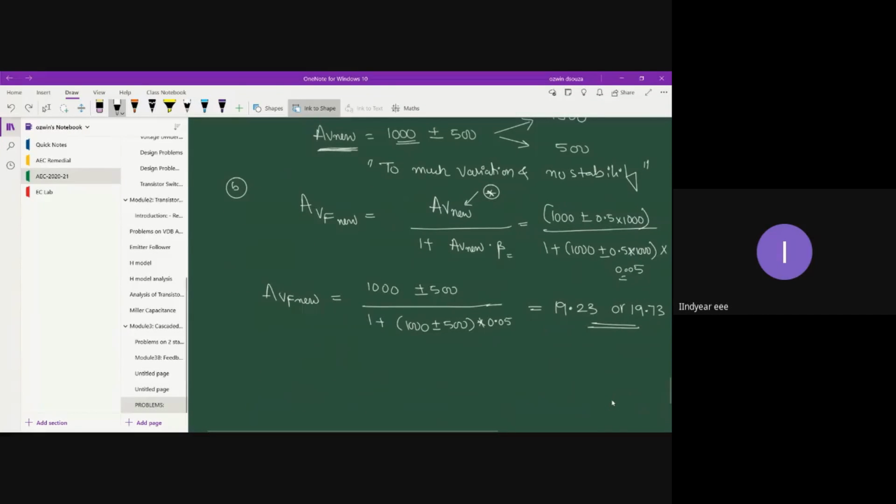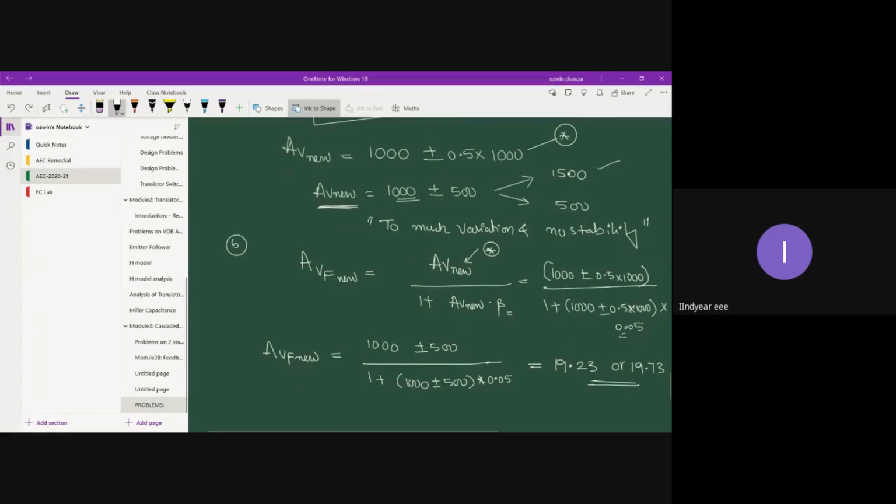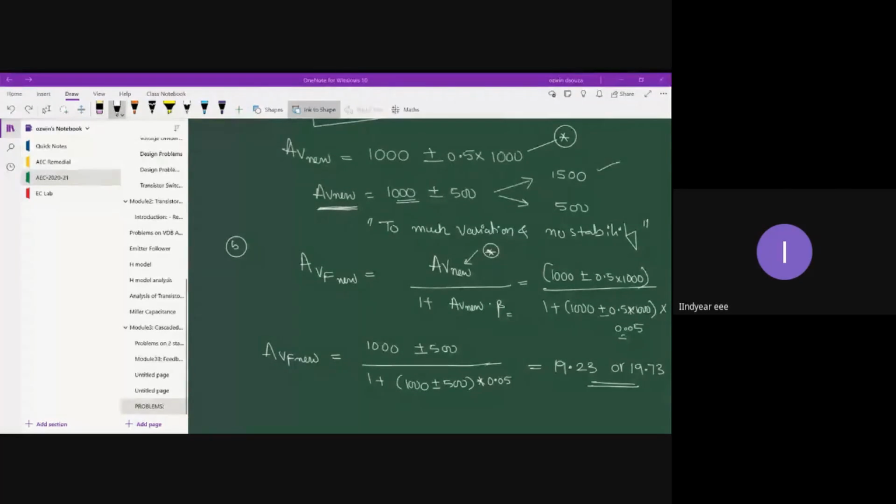For the same 50% variation, if you look at the change in closed loop gain, the closed loop gain variation is very, very small. 19.23 or 19.73. So there is a difference of about 0.5 units. That's all. So your closed loop gain is getting varied by a factor of just 0.5 units. On the other hand, your open loop gain is varying by a factor of 1000 units. Okay, so which is better?